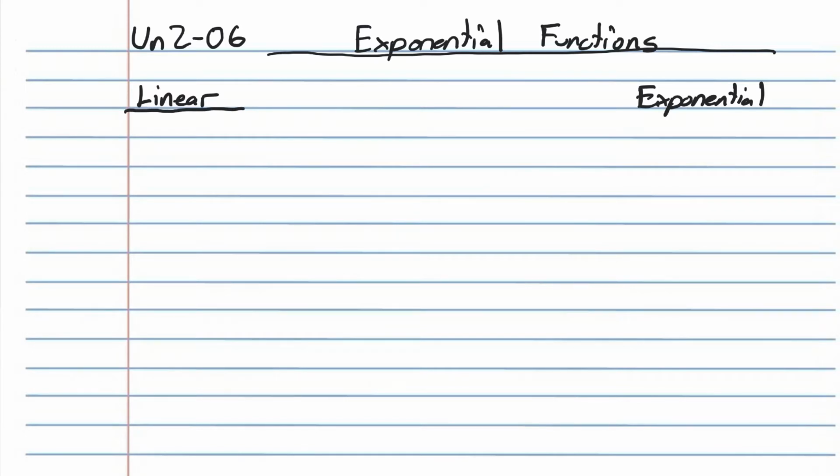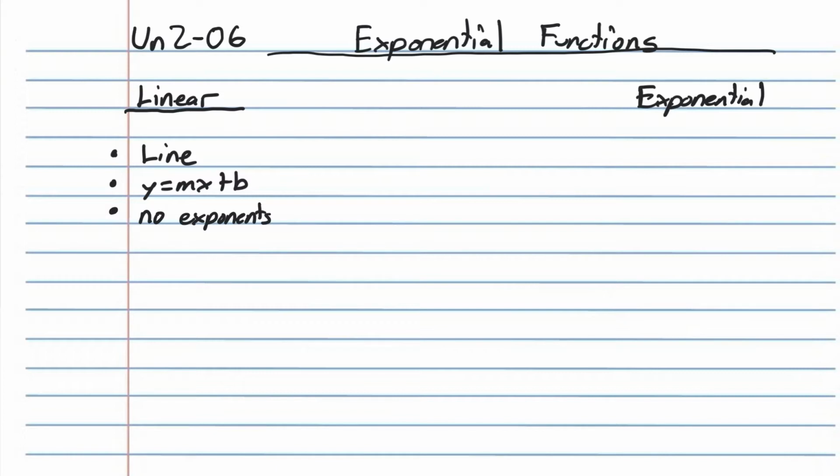So linear, by definition, the way it sounds, linear means line, right? So when you graph these things, it made straight lines. The most common equation you guys probably used was y equals mx plus b. And notice in that equation, there are no exponents in there.